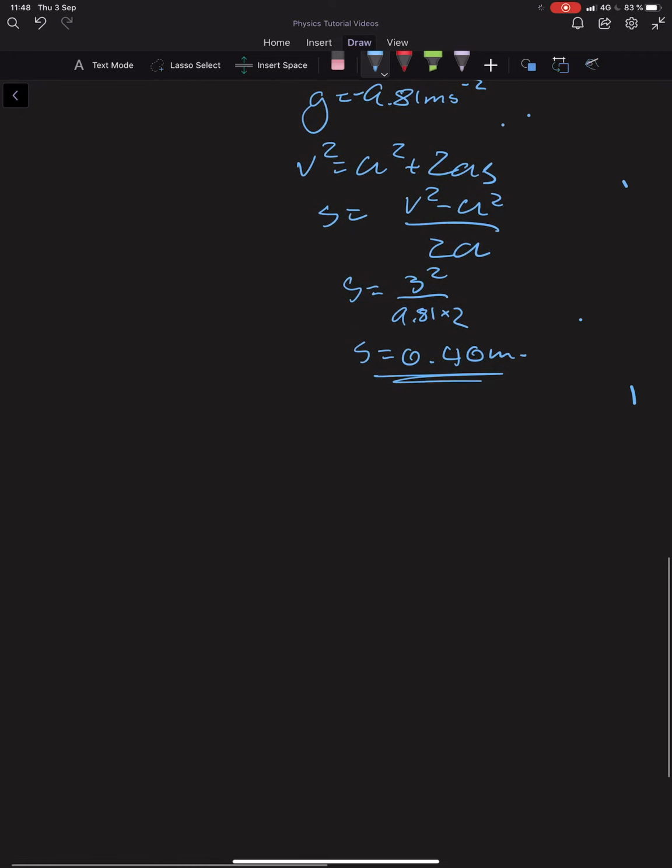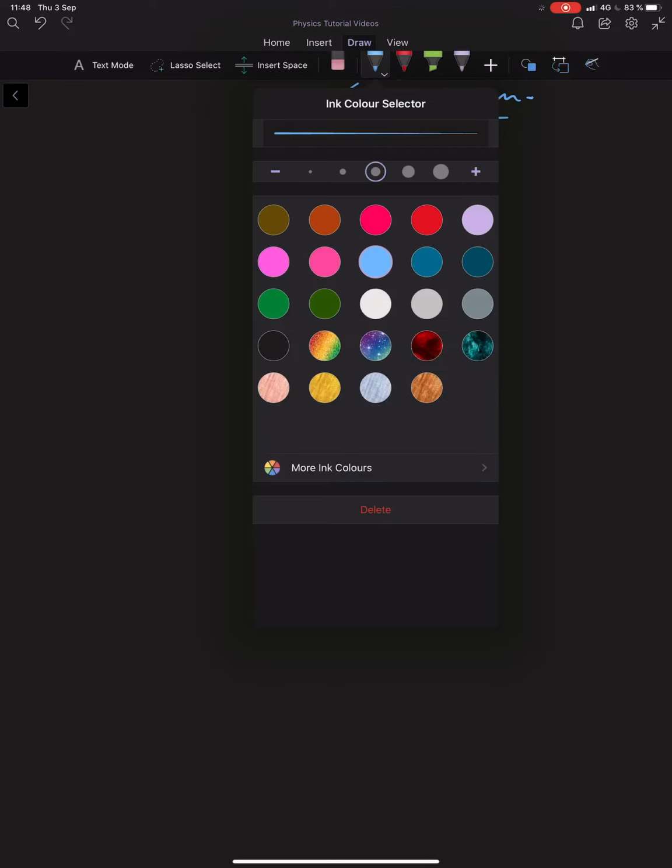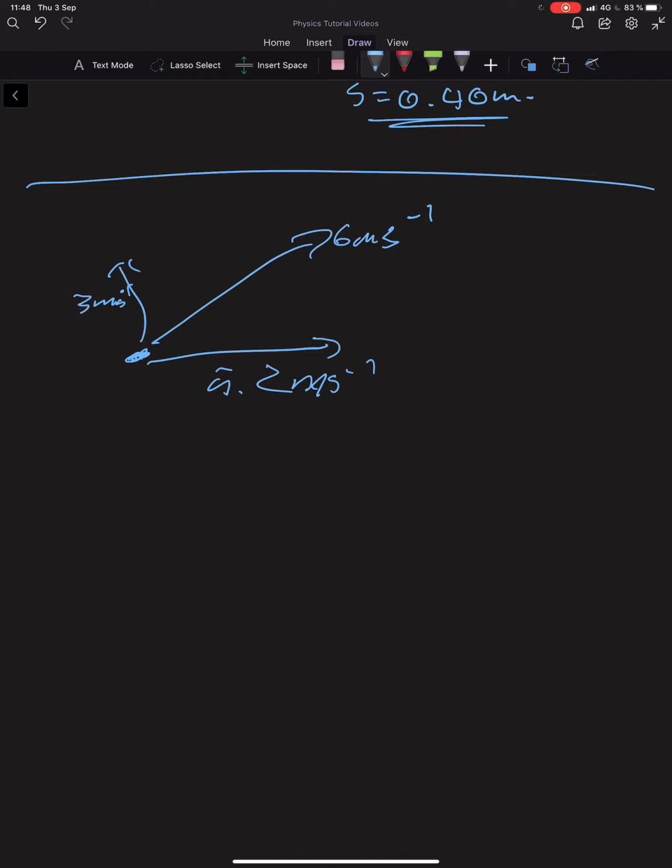But a more complex question might ask, what is the distance the ball travels before it lands? Well, let's draw this diagram again. And it's always important to remember your units. My handwriting is a bit ugly though, but that's fine.